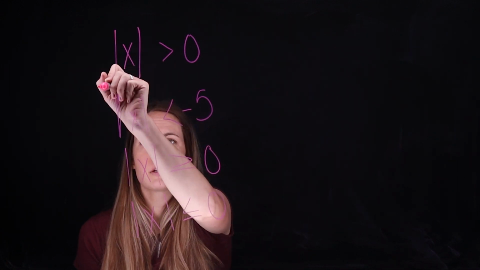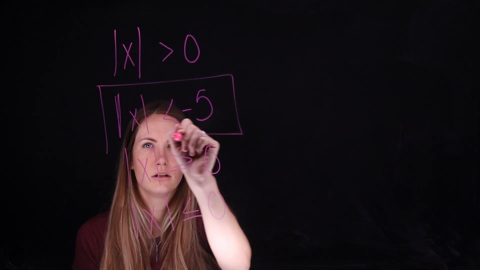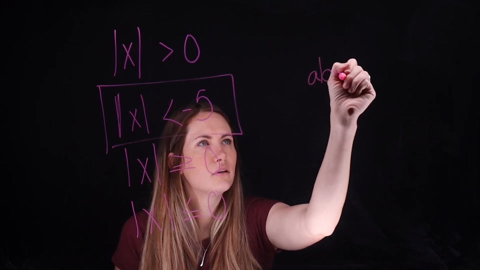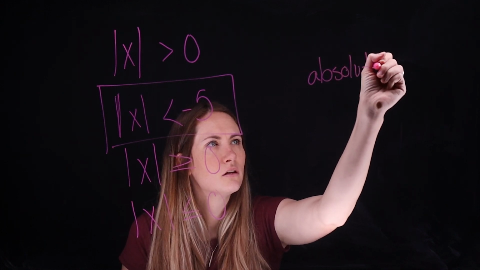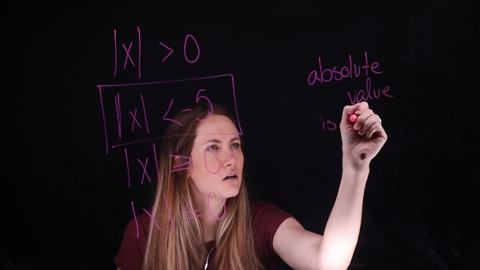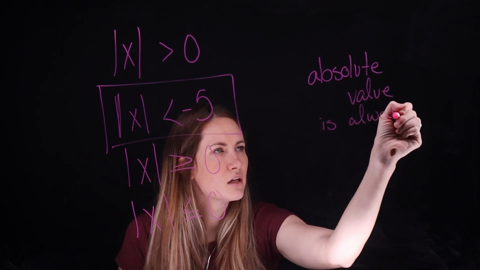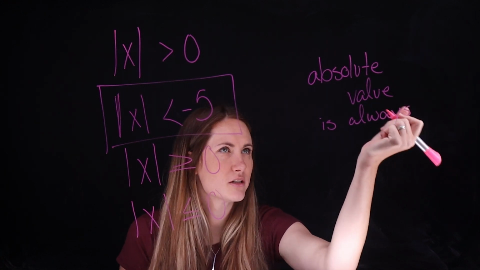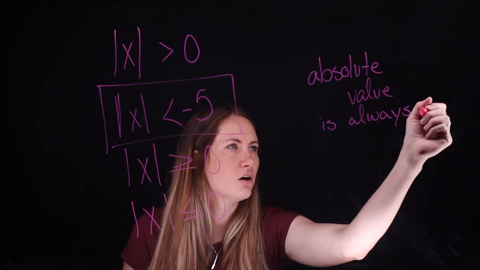The one that's not true is going to be this, because an absolute value is always positive. The only exception to that would be 0, which is neither positive nor negative.